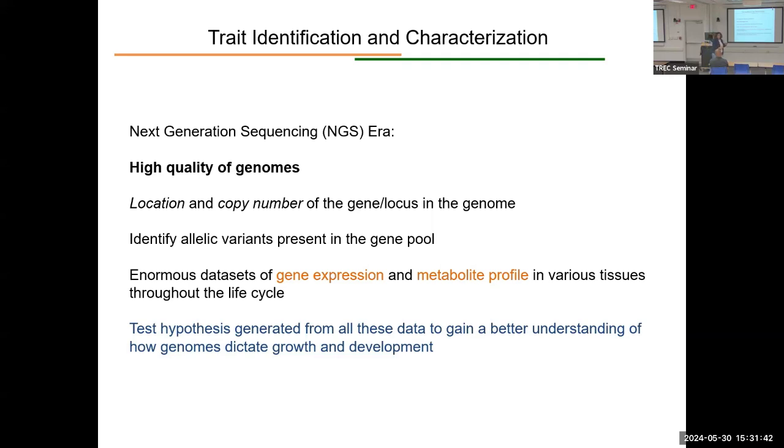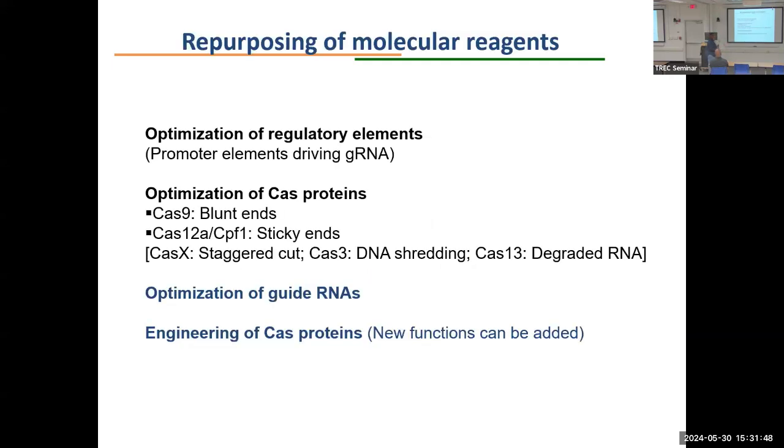Once I'm sure and I have the sequence of that particular gene, the next step is to design the guide RNA. For designing guide RNA, a variety of software is available. You can retrieve the sequence, or you may already have the sequence of your gene.